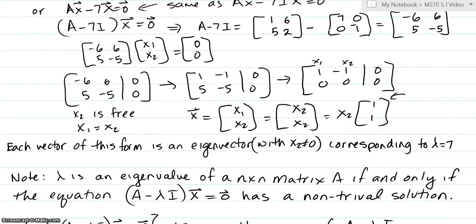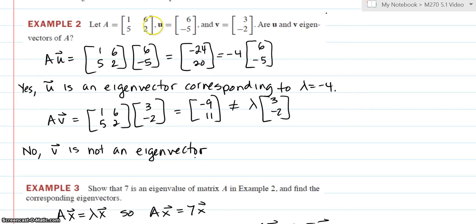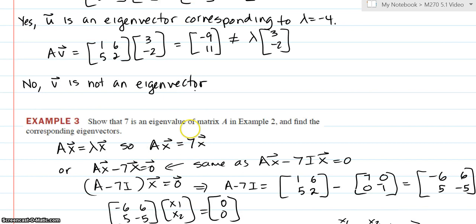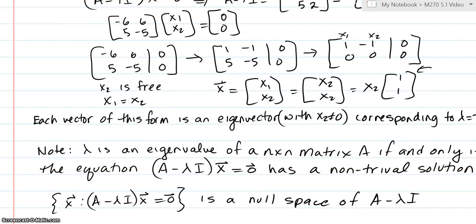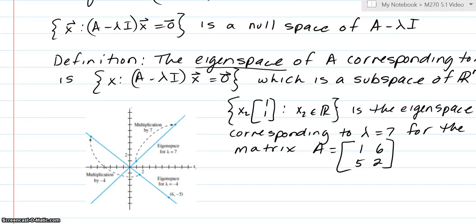So if you go back up and look at example 2, that was the matrix, and 7 was the lambda, and the solution was the 1, 1 times some constant. If we look at a picture of this, the line right here is called the eigenspace for lambda equals 7.